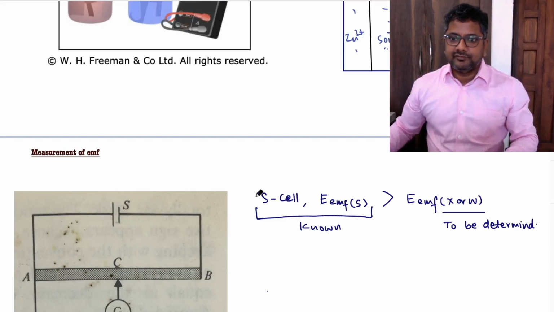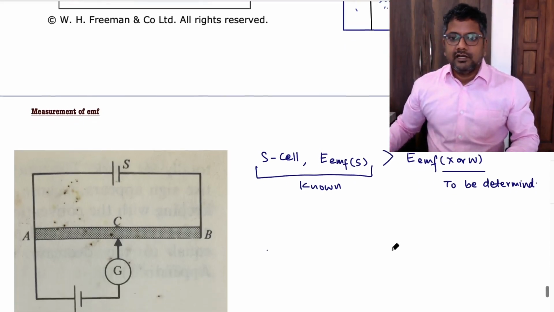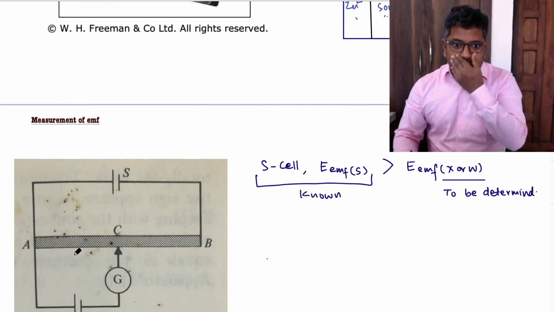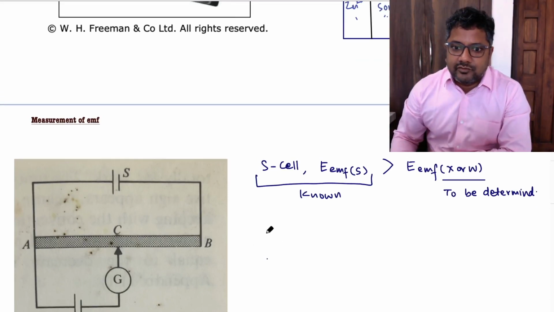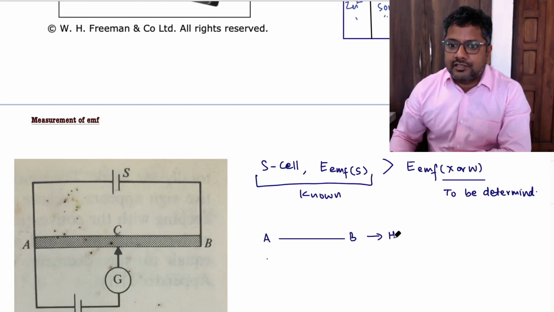right? See the other arrangements. What are A and B? So A to B, this whole arrangement is, you can say, a high resistance wire, right?